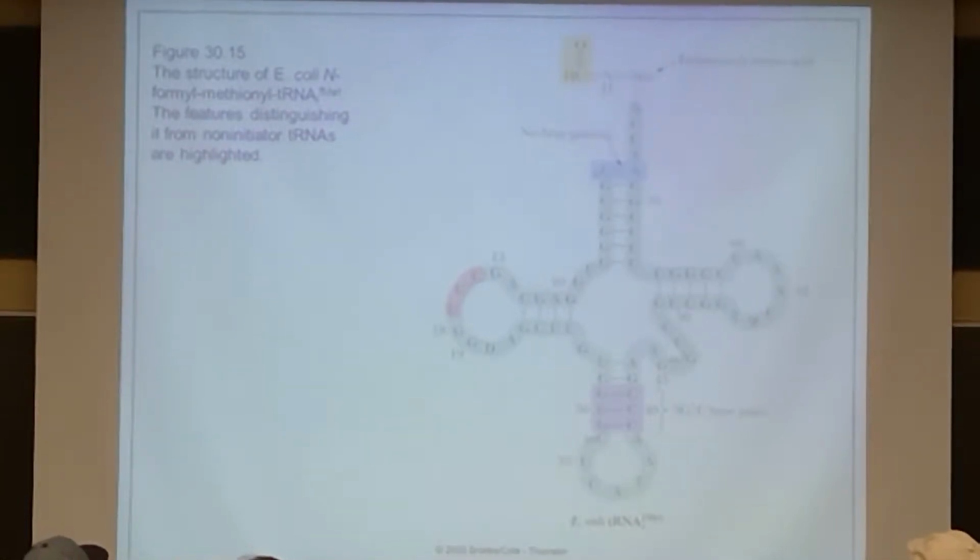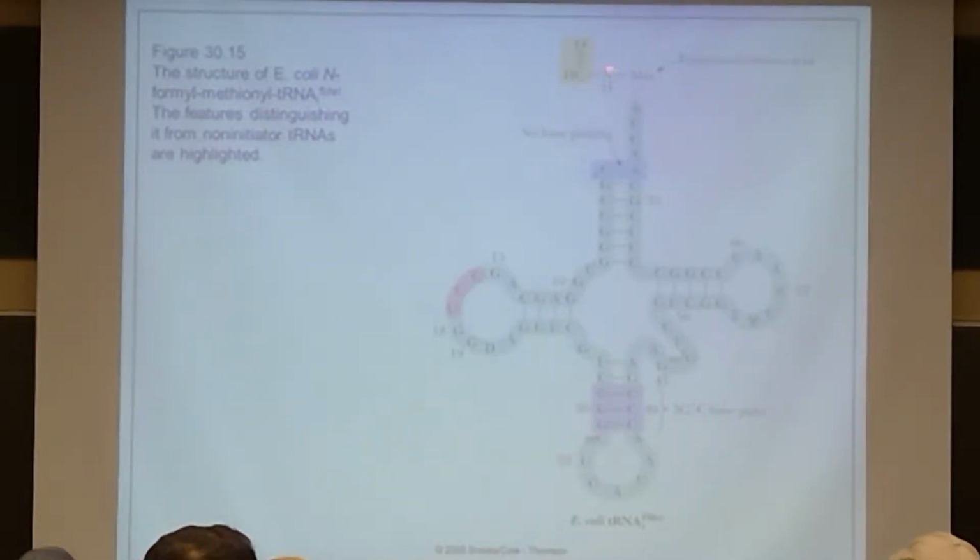So this is the initiator tRNA, complementary to AUG. So you have the methionine, and this part is connected by an acyl linkage to the adenosine, correct? Does it make sense?